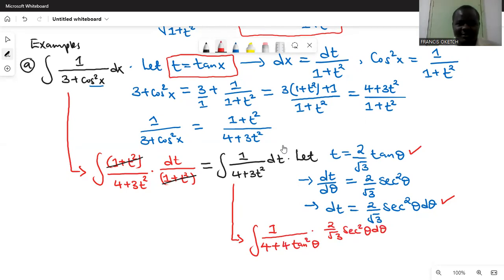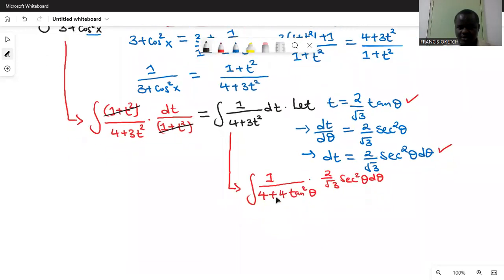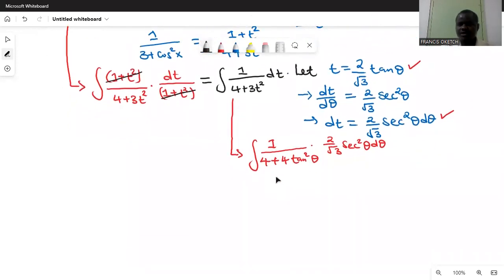Now again, we need to know the identity. You see, in the denominator, I can see 4 is common, and in the numerator, you can factor out 2 over root 3. So when we do that, what are we going to get?